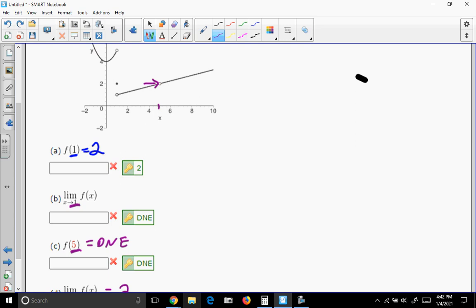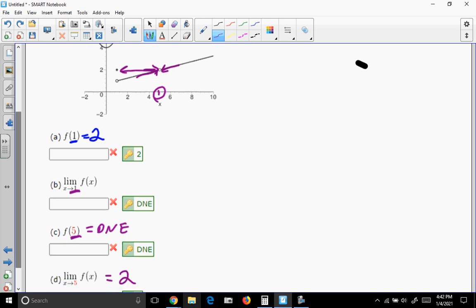A limit is what is happening around the x value in consideration. So if we're near this x value, then what y value are we close to? Things around an x value of 5 give us answers that are close to a y value of 2. Now, I know that can be confusing.